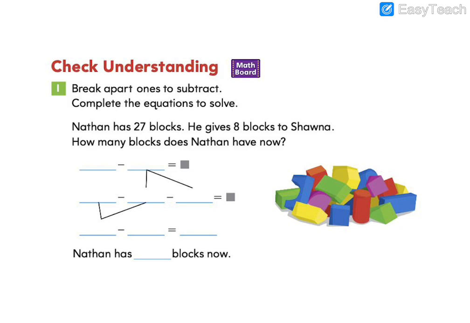Now you're going to complete the check understanding. You're going to use the same method of breaking apart the ones to help us subtract. Nathan has 27 blocks. He gives 7 blocks to Shauna. How many blocks does Nathan have now? So you're going to solve 27 minus 8. Think about how many we can break our ones into to get to a 10. Then how many will we have remaining?